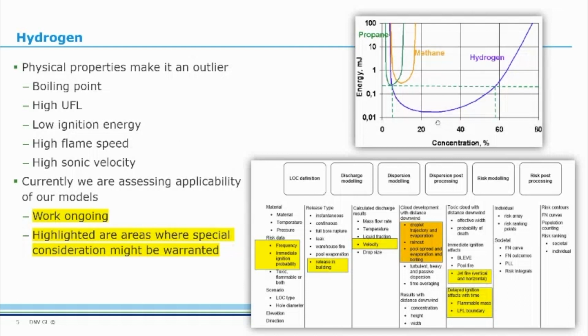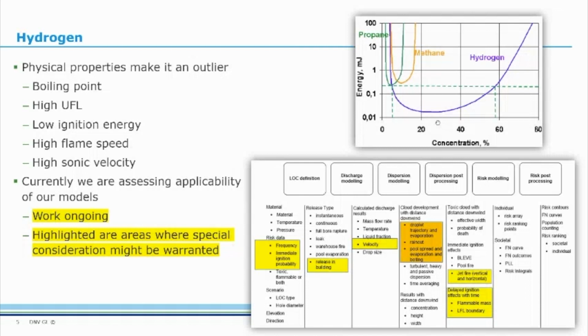So we are actually looking at a range of hydrogen aspects in our modeling. It is work in progress, so I don't have any definitive answers for you today. But as a user, it may be interesting to know of various aspects of Phast and Safeti that may be quite good, and areas which maybe need a bit more care when you look at the results.